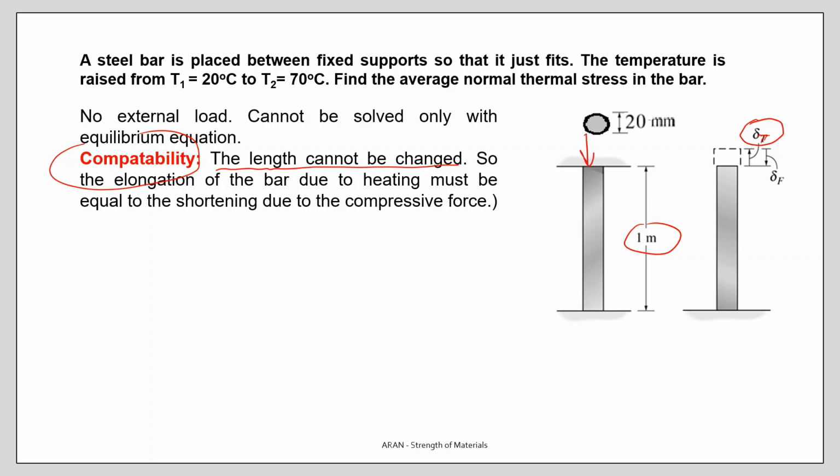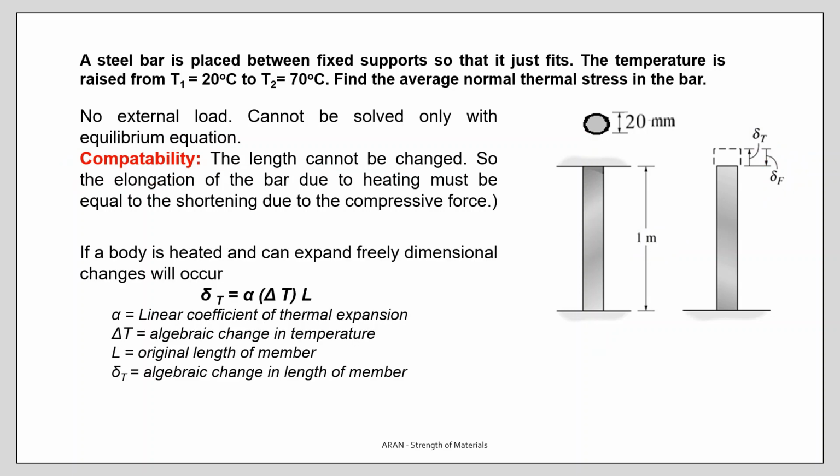Because there will be some support forces acting on the bar, which prevent it from lengthening. So the shortening due to these forces is delta F. When you write down the delta T, which is the thermal expansion, if it can expand freely, this is the temperature change, this is the length. Alpha is the linear coefficient of thermal expansion.